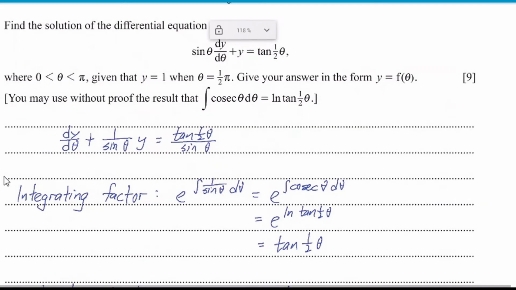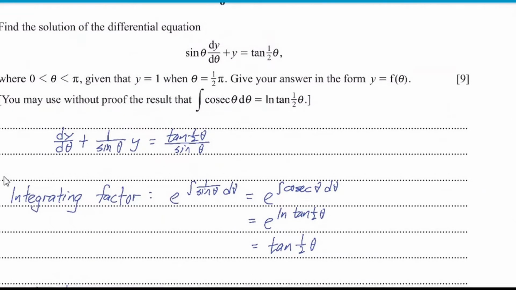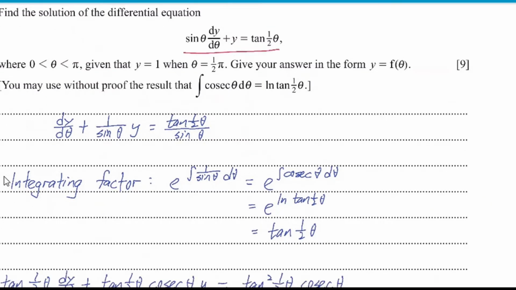This is to find the solution of this differential equation. They already give us the hint: integrating cosecant theta d theta gives ln of tangent half theta. So we can use this straight away. First, this equation is not in the standard form, right?